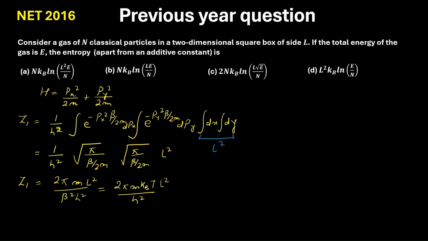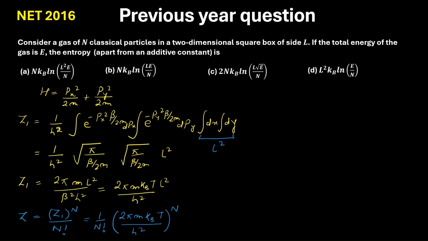Now if I want to find the partition function for n particles, then Z will be equal to Z1 to the power n, and here we'll be dividing by n factorial, the Gibbs correction factor. So here it will be 1 by n factorial, 2 pi m kBT L square by h squared, to the power n.